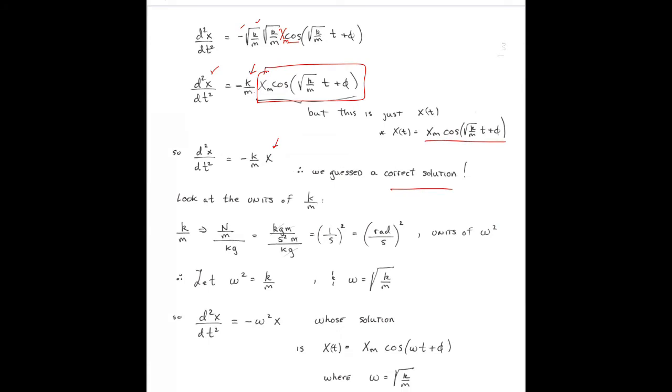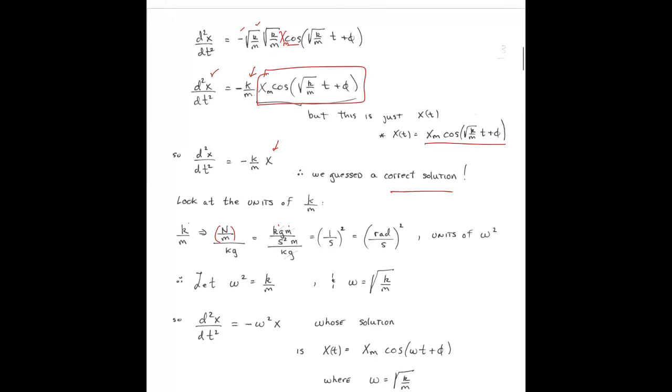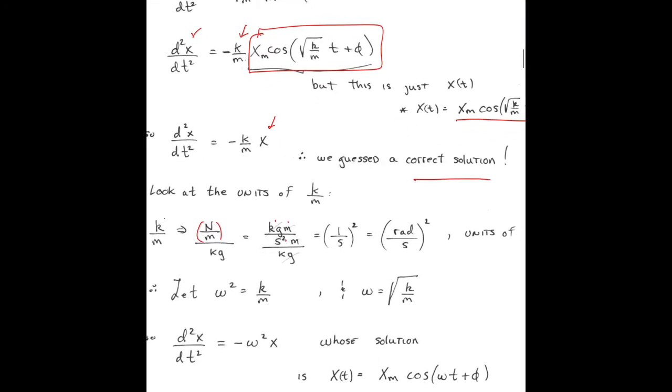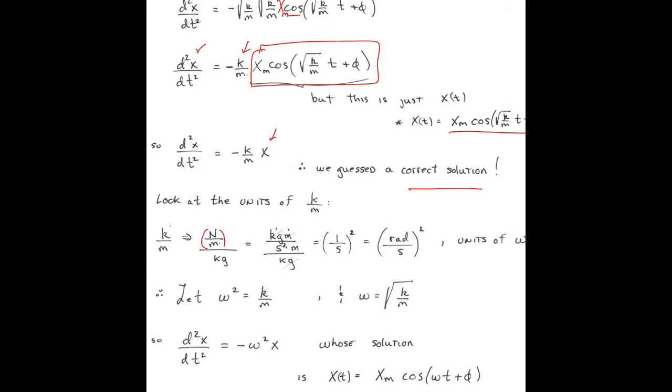Now, the other thing we can do to clean this up is look at the units of k over m. Remember, k is the spring constant, with units of newtons per meter. m is mass, in kilograms. A newton is a kilogram meter per second squared, and there's my m right there. I have the kilogram on the bottom.